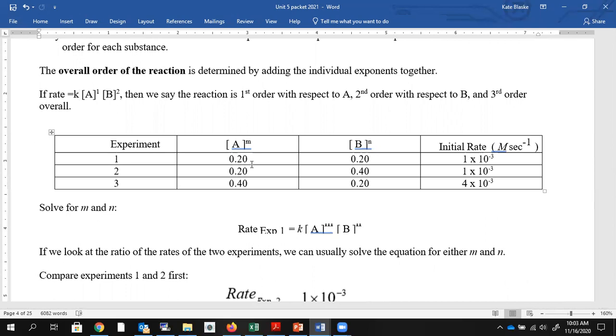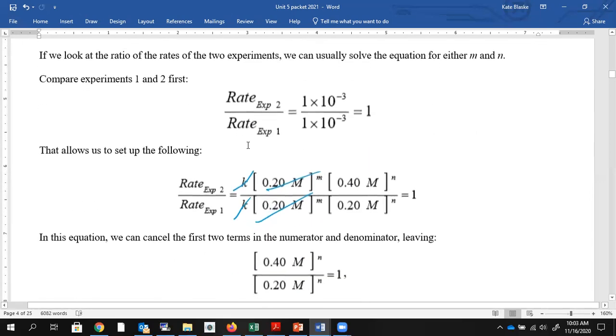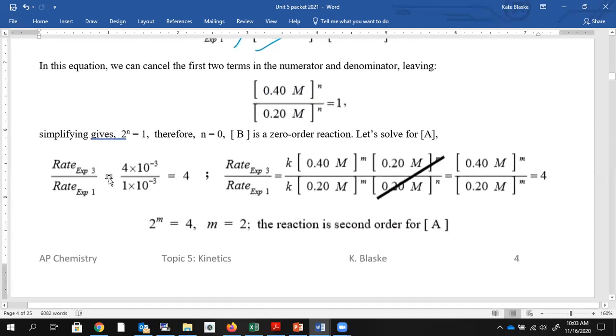So now to find the order with respect to A, I picked 2 different experiments. In this case, I picked experiments 3 and 1. So if I take the ratio of their rate laws, again, K is going to drop out. My 0.2 over 0.2, the N can all drop out either because they're both the same or because I know that N is 1 or that N is 0.